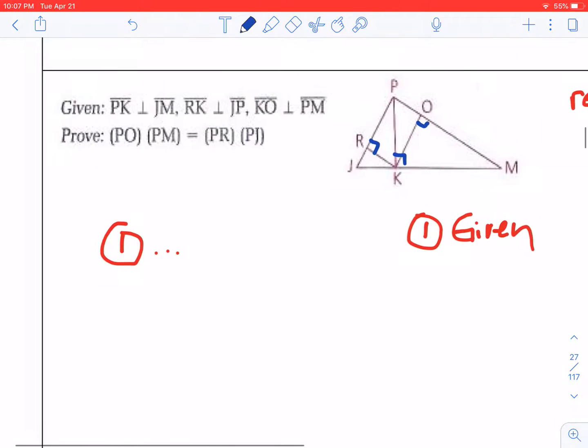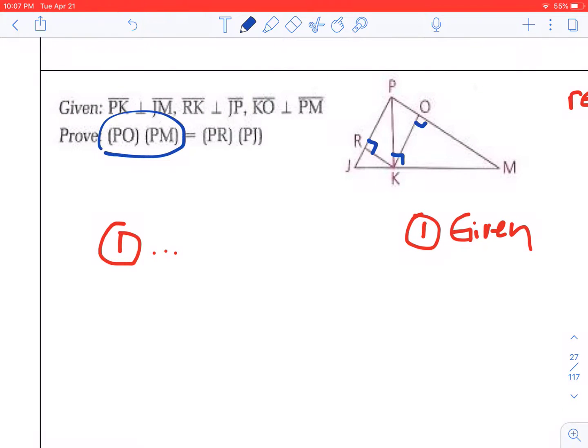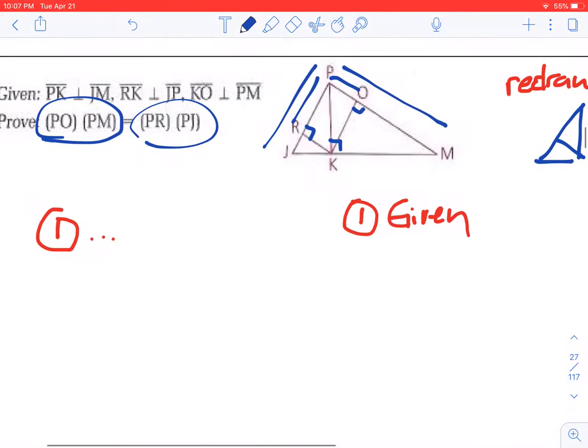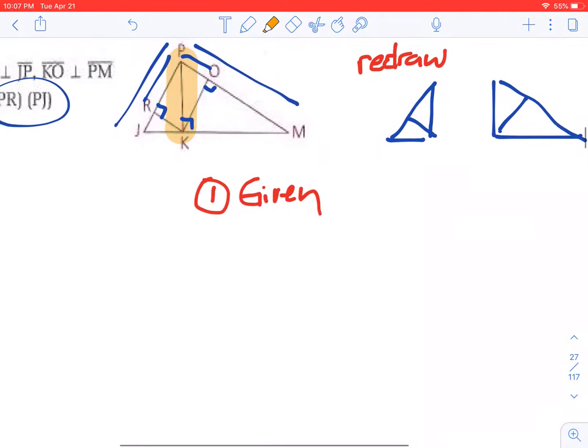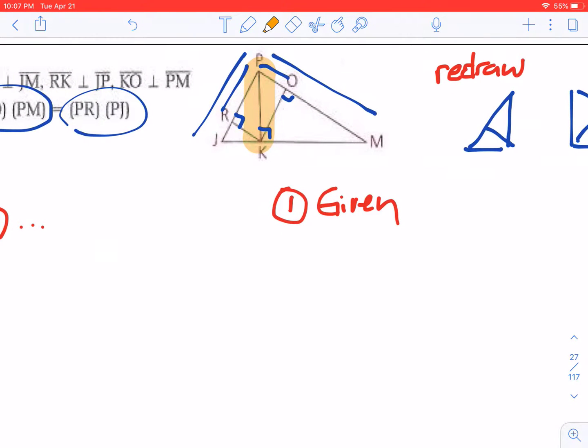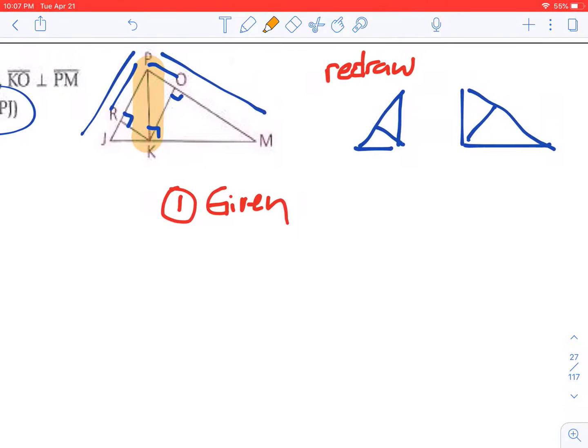Now, notice PO times PM, right? And then these, PR and PJ, are on this side. So in between these two shapes is the critical piece. That's what's shared between them. So I think this is going to be kind of like a transitive or a substitution. If I can show those products are equal to PK squared, then I'll be in business.